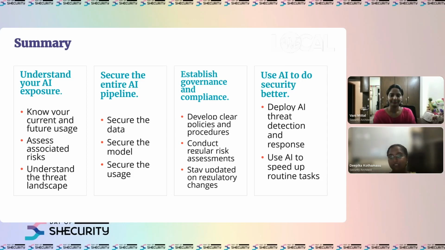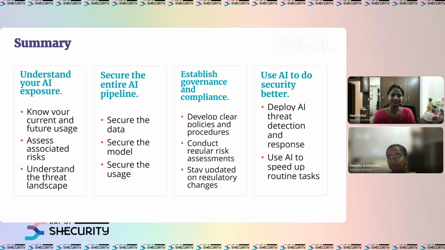Once we have established these things, we move on to AI governance, which ensures there is lifecycle management, and policies and procedures around that, so that our compliance initiatives can be utilized to ensure standards and any regulatory changes can be accommodated easily. So we try to cover this and use AI to do security better.